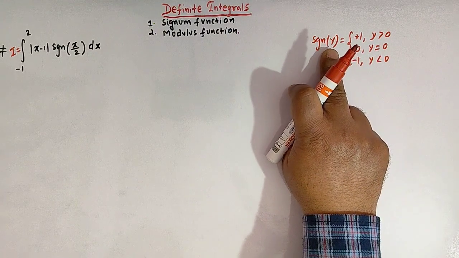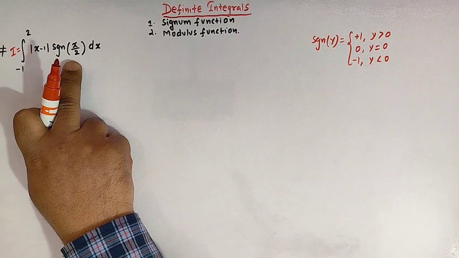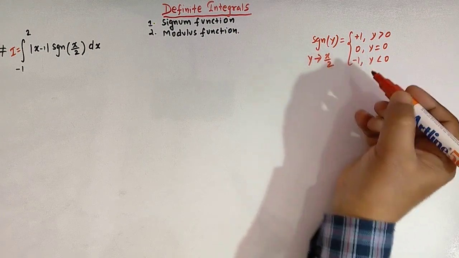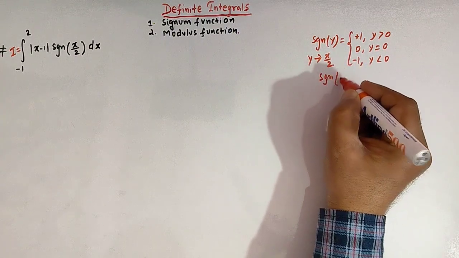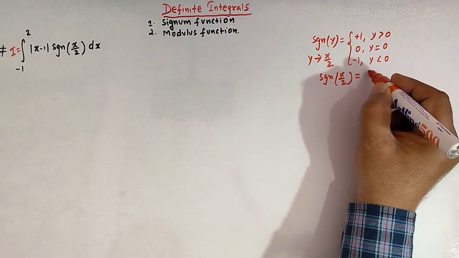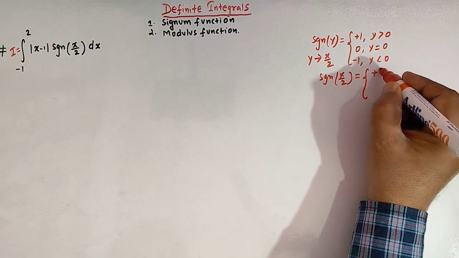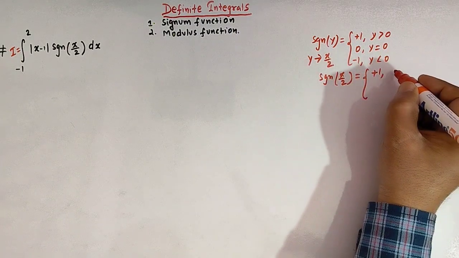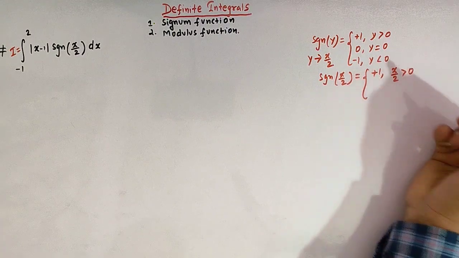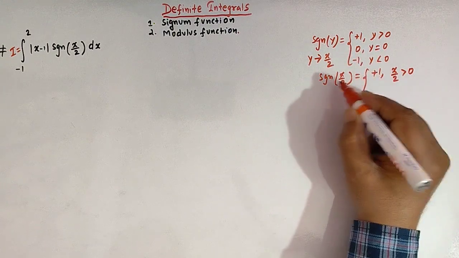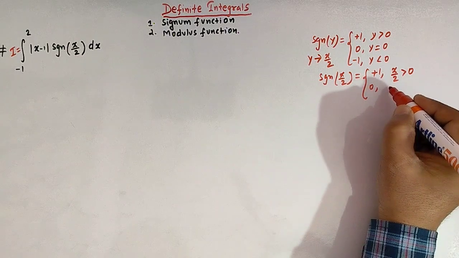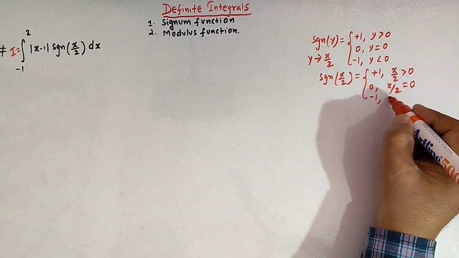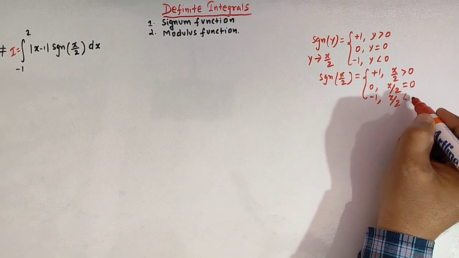Now let us replace y by x over 2. Signum of x over 2 is plus 1 whenever x over 2 is greater than 0, it takes the value 0 whenever x over 2 is equal to 0, and it takes the value minus 1 whenever x over 2 is less than 0.